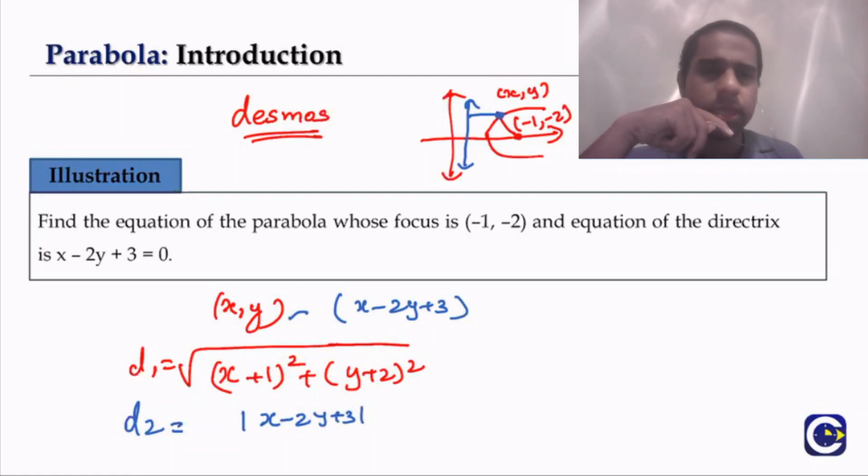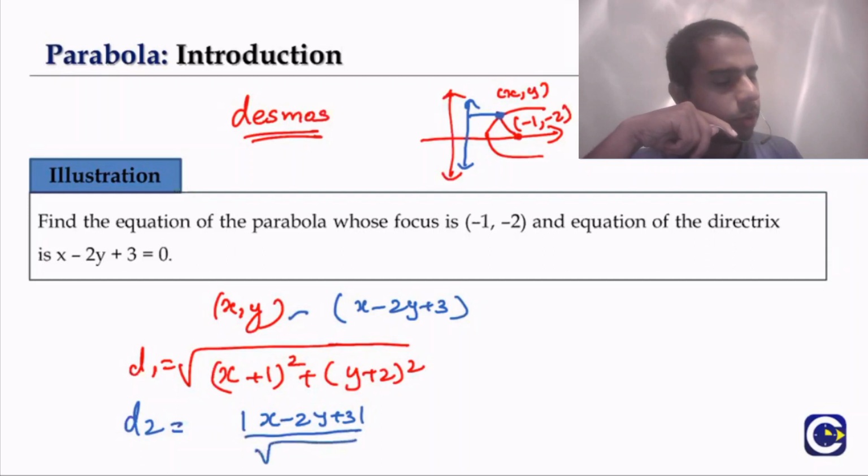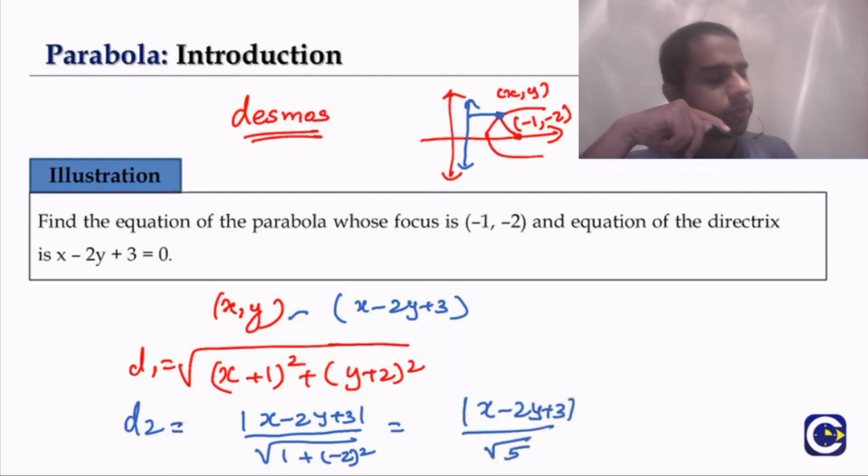The x comma y is an arbitrary point, so let it be x comma y, because we are going to find the equation of the parabola, divided by the square root of the coefficient of x, the capital A which I mentioned in the equation, which is 1, plus capital B, which is minus 2, the whole square. This is equal to x minus 2y plus 3 by root 5.